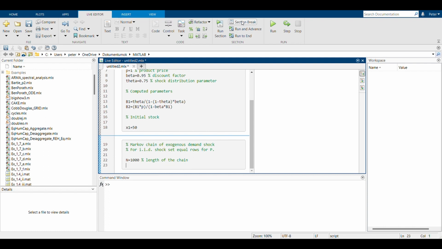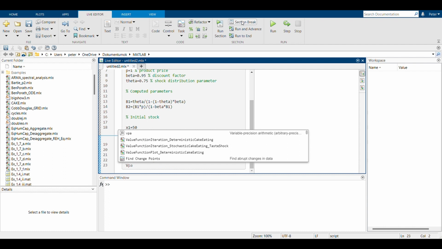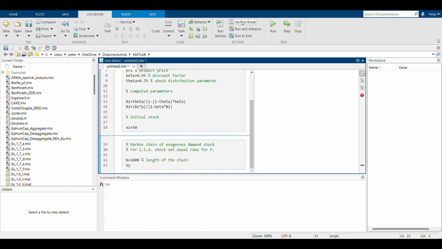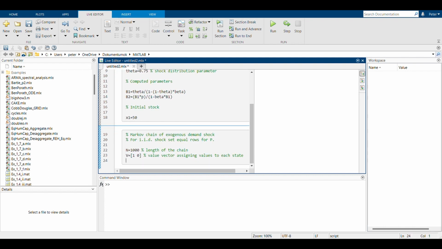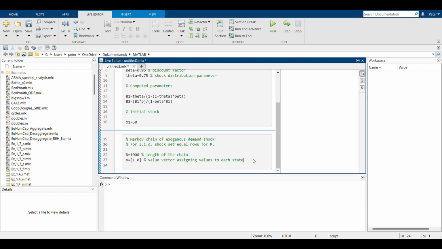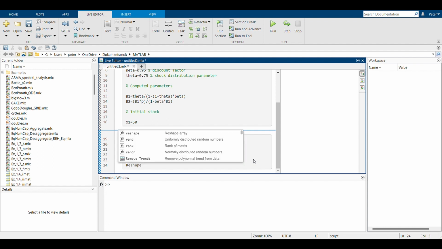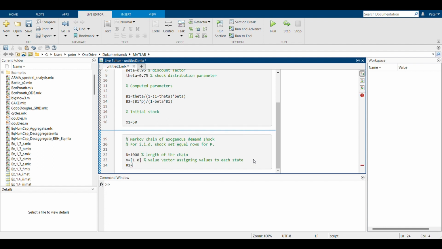As a next step, we will define a value vector that assigns values to the states. Okay, so that's nice. We need a vector of random numbers.